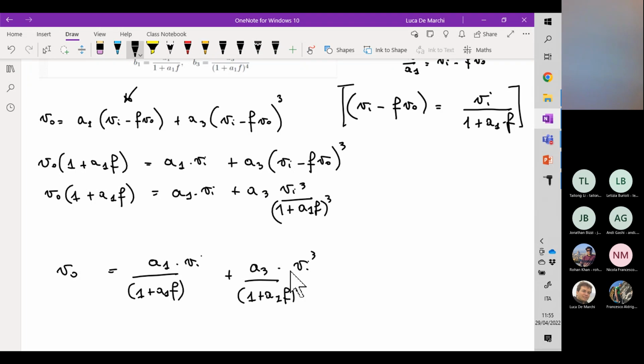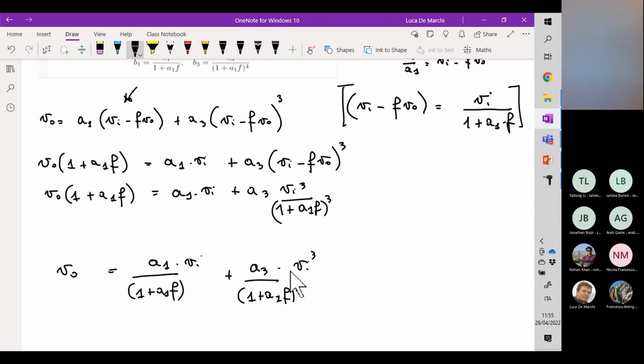Well, you can get back to this circuit. And what you can do is to estimate the ratio between V out and I out. So now you have to assume that there is a certain current here.